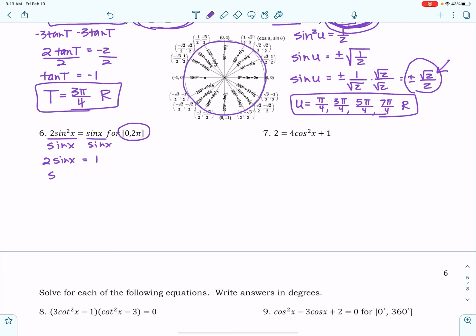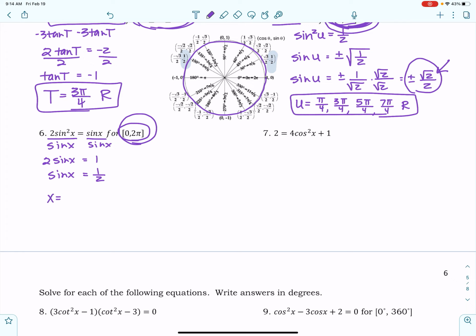And then I have to divide both sides by 2. Excellent. So sine x is positive 1/2. That is occurring right here and right here. So since I'm restricted to once around the circle, those 2 solutions are my answers.